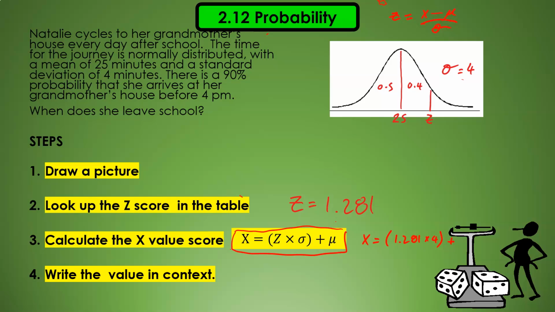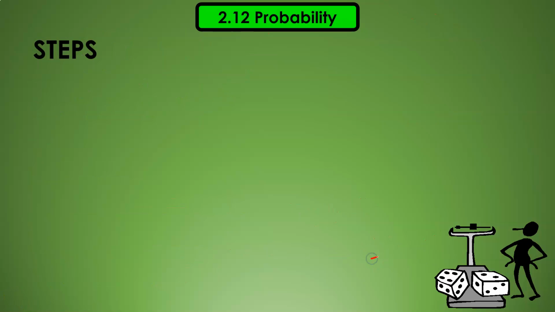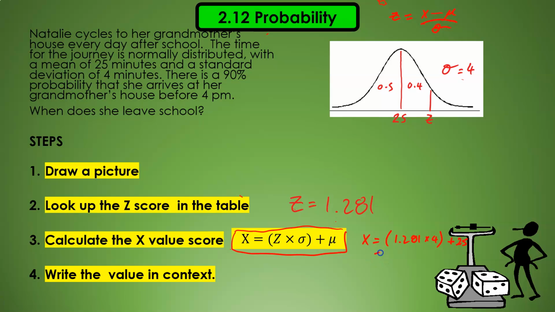The last thing we're going to do is add 25 minutes. So then we grab our calculator. That gives us the answer 30.124.